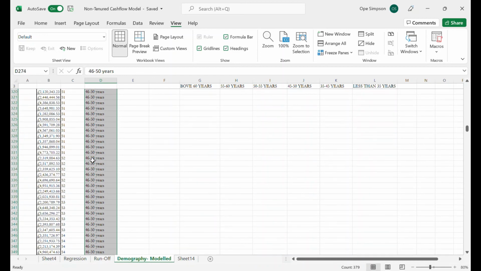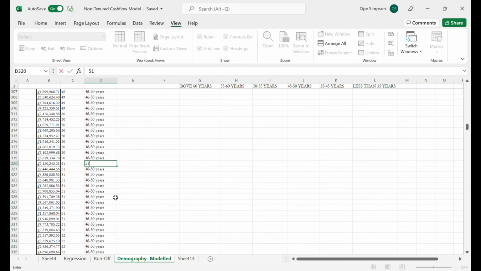And then start from 51 to 55 years. Basically, we're going to just do this across all age groups. I'll be back in a second.